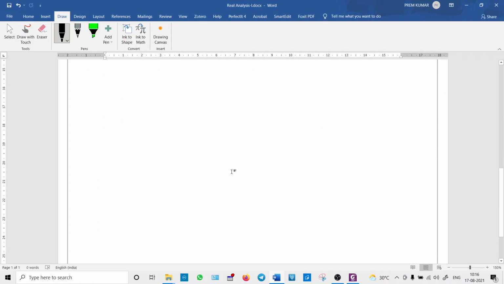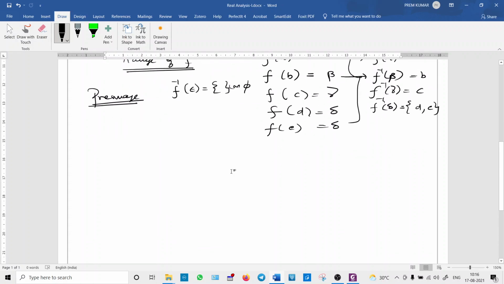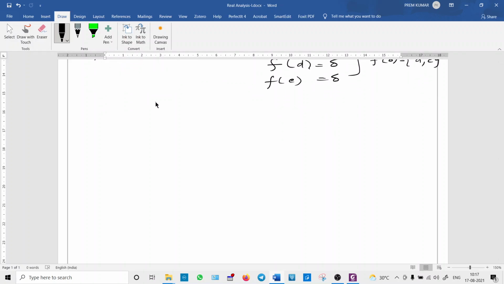Suppose vertical line test. See what the definition says? Every element in the domain should be mapped to a unique element in the range. Suppose I take this as x-axis, y-axis. Suppose I have a function like this.